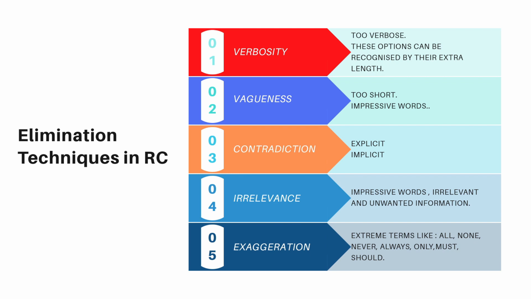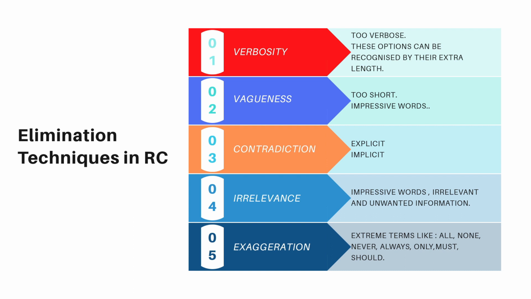So verbosity. Certain options are too verbose to be correct. If we take any RC set, options which are too verbose are very common. These options will unnecessarily elaborate upon the actual idea and add a few redundant or repeated ideas to give the appearance of a more complete answer.